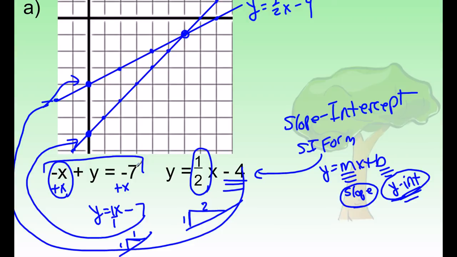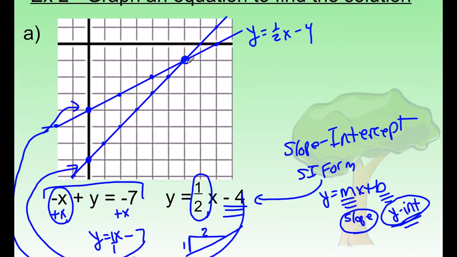Once you have a starting point, then you move the way the slope tells you to move. The slope here was 1 over 2, so you go up 1 over 2 because it's positive. Here the slope was 1 over 1, so you went up 1 over 1. And those two lines intersected right there. That is our solution to this system of equations.